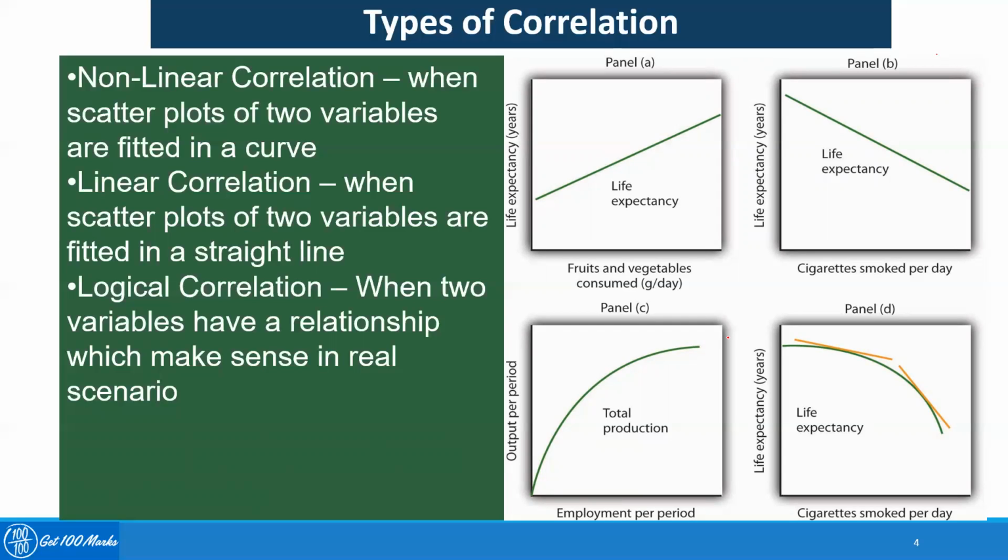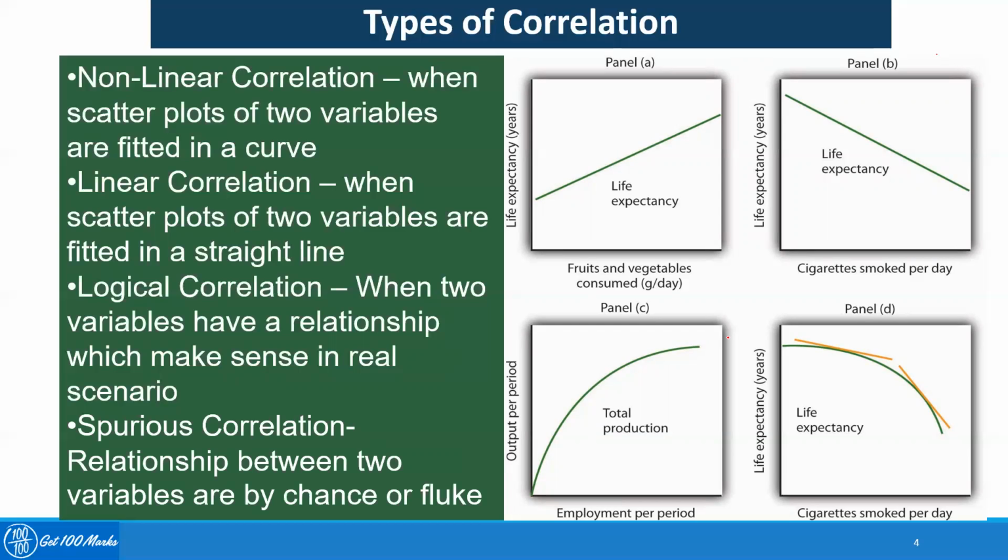Like income and consumption, suppose we try to see, probably we'll get a good correlation coefficient value. So that's a logical correlation, because in real life we know if people tend to earn more, they spend more. So consumption automatically increases. Or suppose rainfall and crop yield: if you get good rain, then we get a good amount of yield.